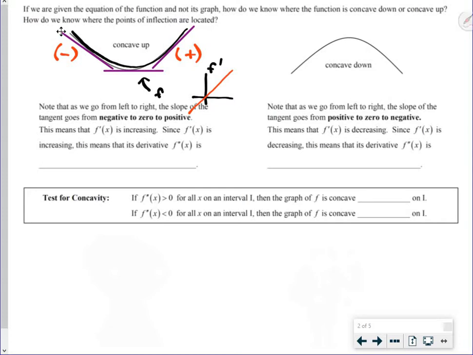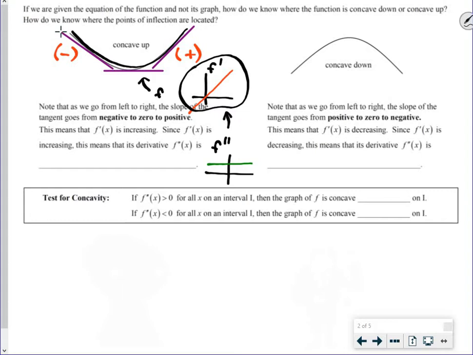And if you took the slope of that slope, so if you were to do f double prime on this, so looking at the slope of this graph, that would look like this, right? Constant slope on f prime.